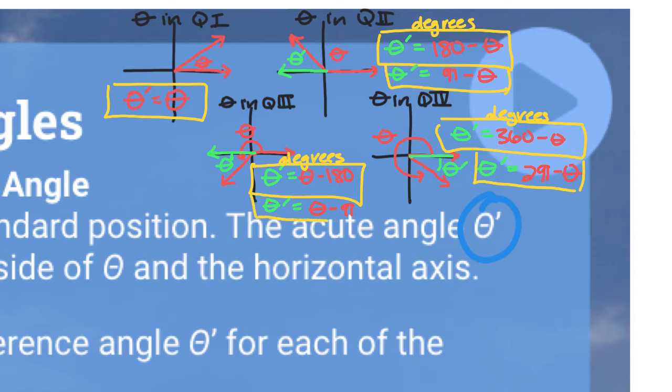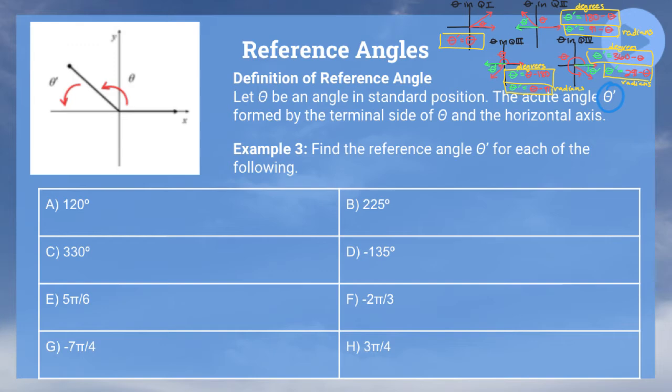So now we have them all in radians and degrees. And this is all a review from Math 3. So let's go ahead and find our measurements for these given problems down below.